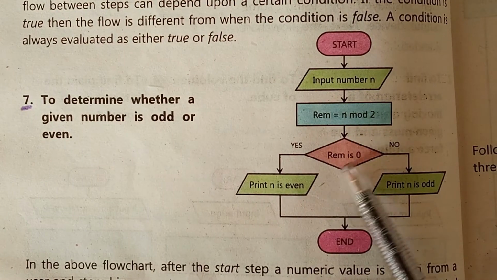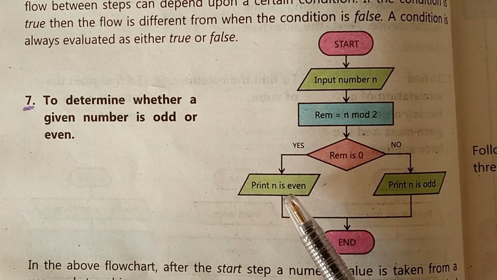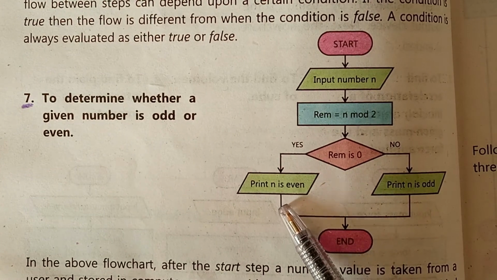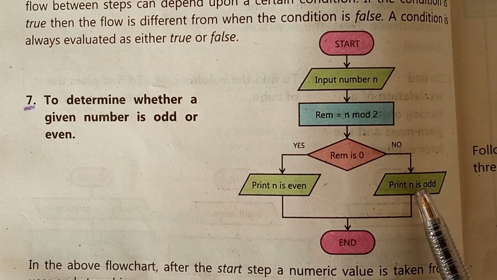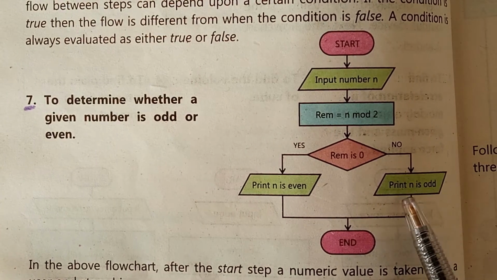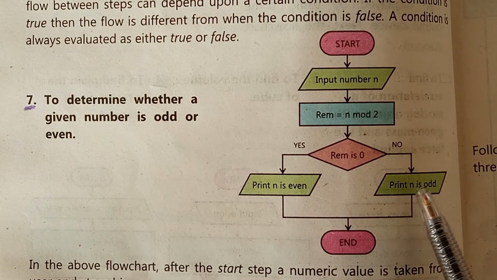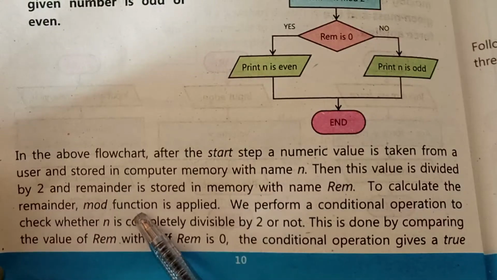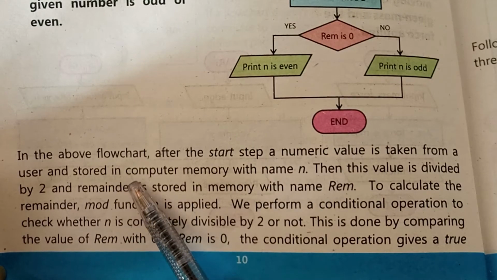Students, in this step, if the conditional operation gives a true value, it means that n is an even number, and if the number is not divisible by 2, then it will print n is odd, and then the flowchart will be ended.